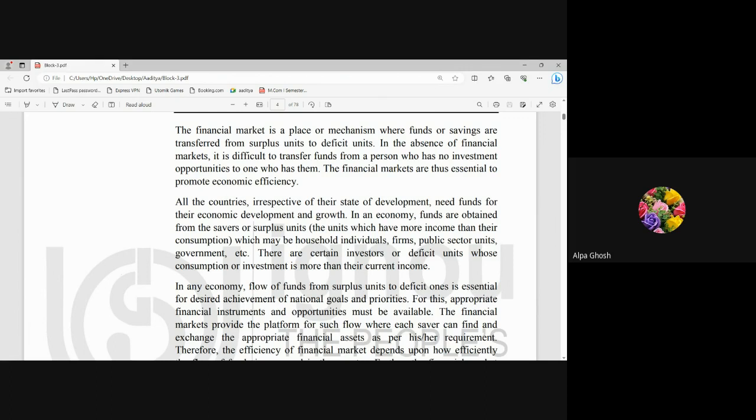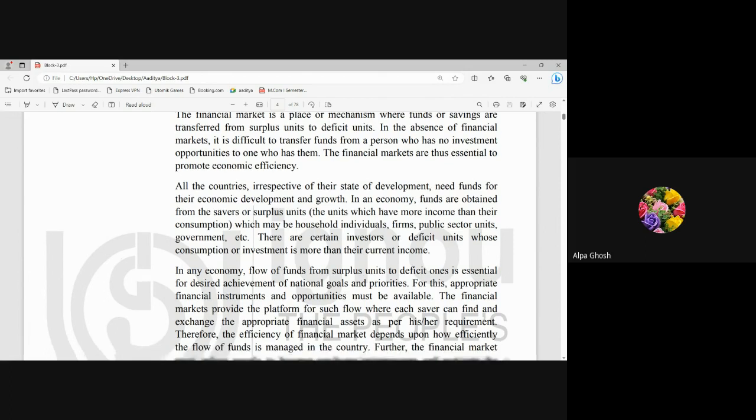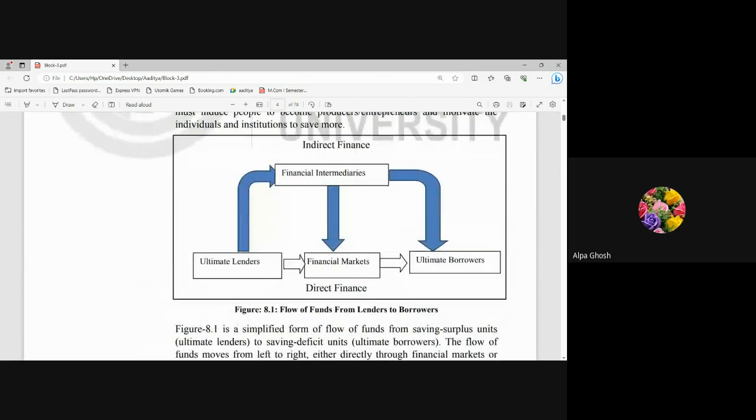So, when we study the economy as a whole, the surplus of one individual sector of an economy is transferred to another sector which has a deficit. This is how finance takes place. The flow of funds from lenders to borrowers takes place.